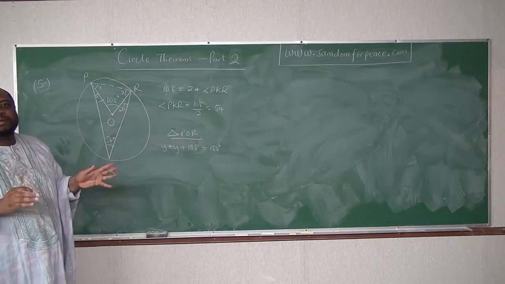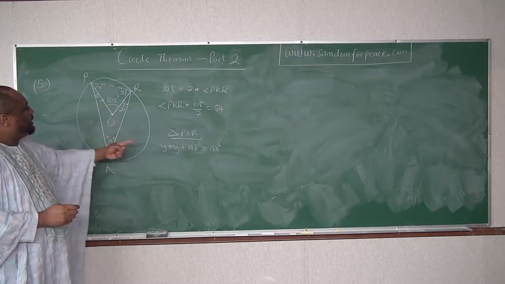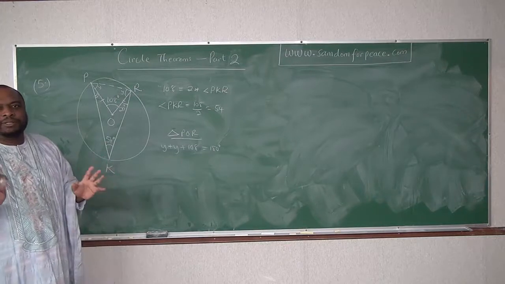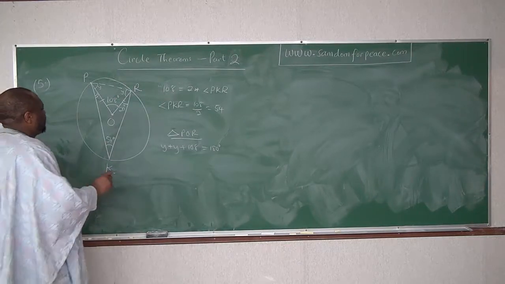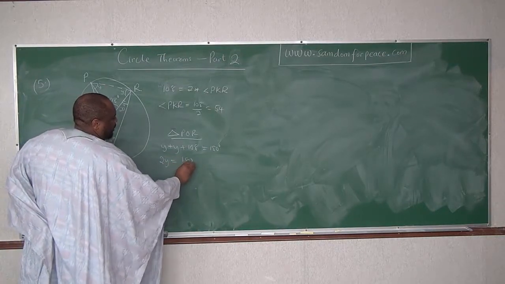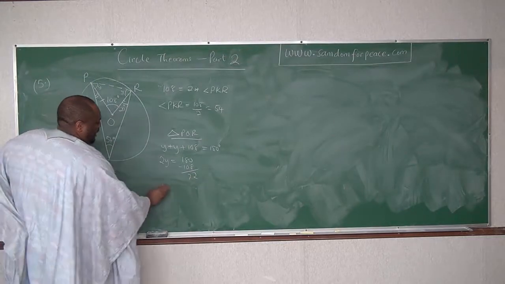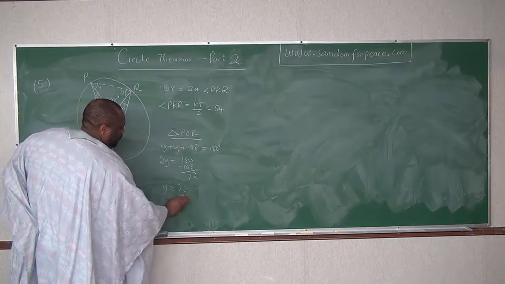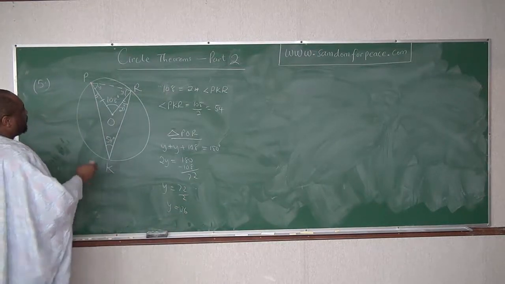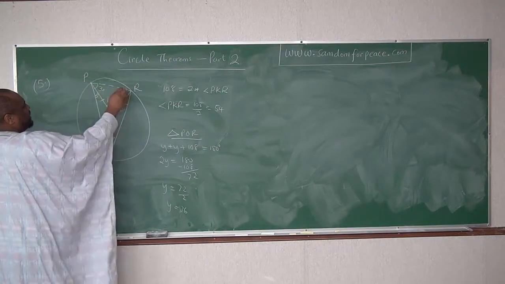Reason: base angles of isosceles triangle. Then y plus y plus 108 is 180 degrees. Reason: sum of angles of a triangle. So we now have 2y is 180 minus 108, which is 72. So y is 72 over 2, y is 36 degrees. So this is 36, this is now 36.